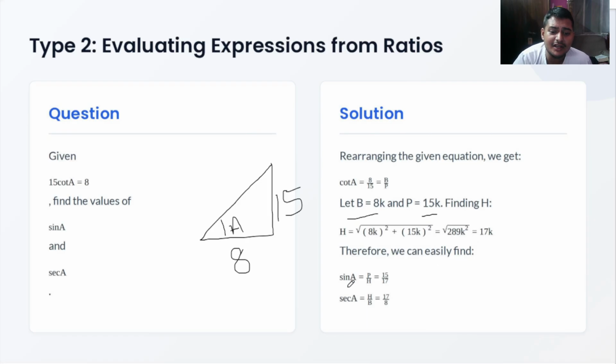Putting the value in sine equals p by h, means 15k by 17k, coming out to be 15 by 17. And now again putting the value in sec equals hypotenuse by base, which equals 17k by 8k equals 17 by 8.